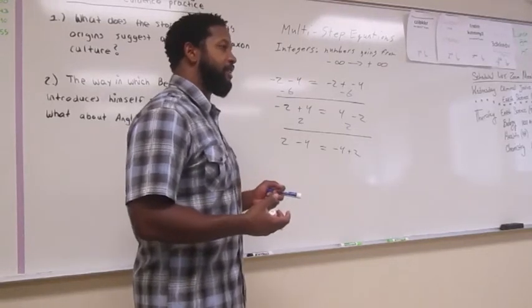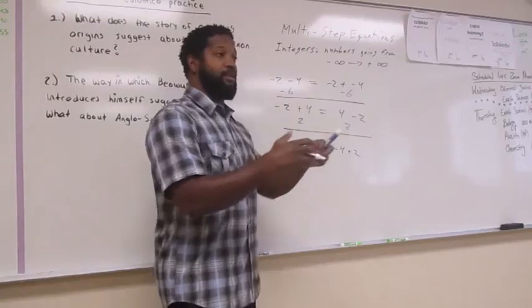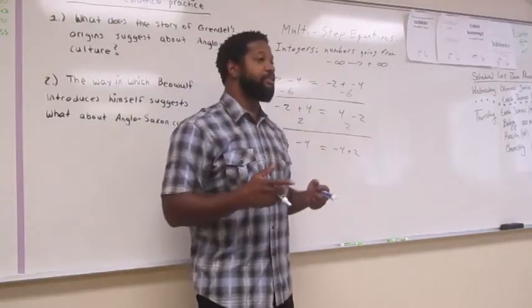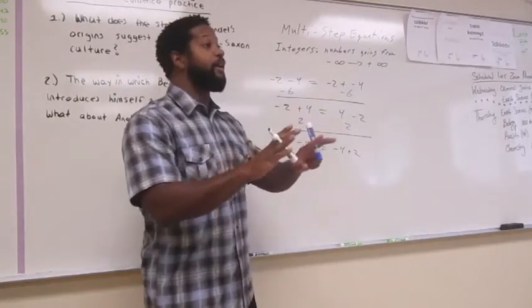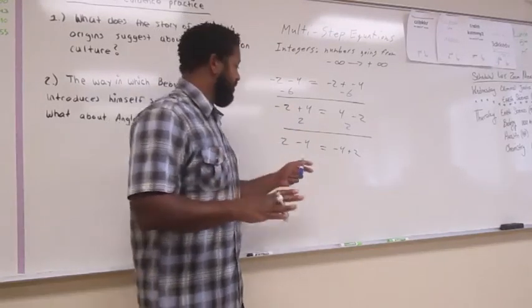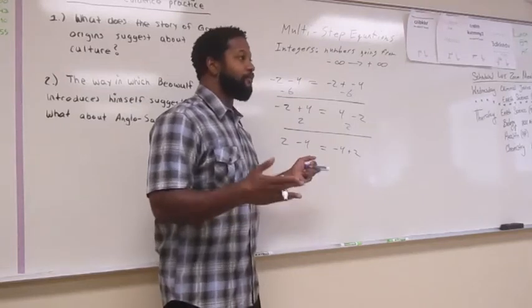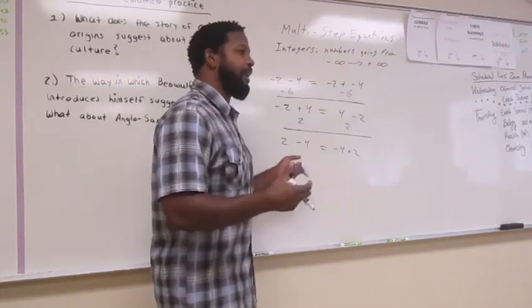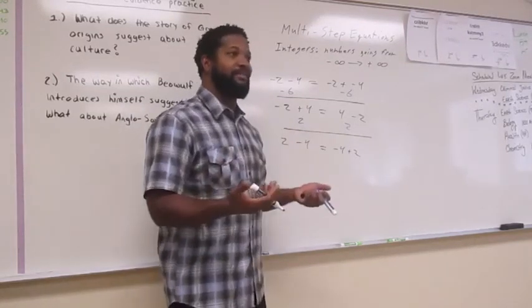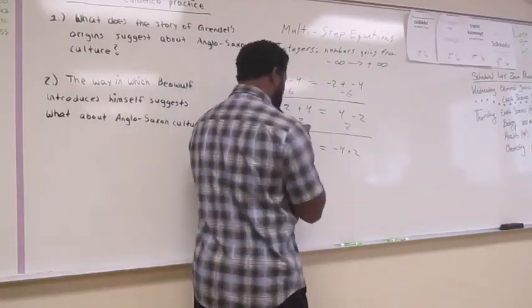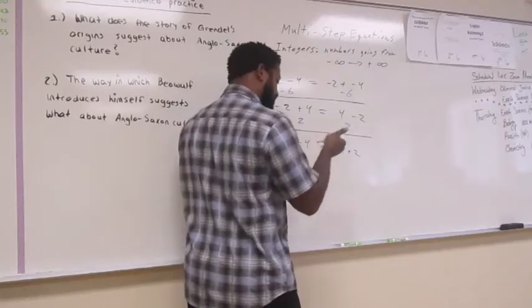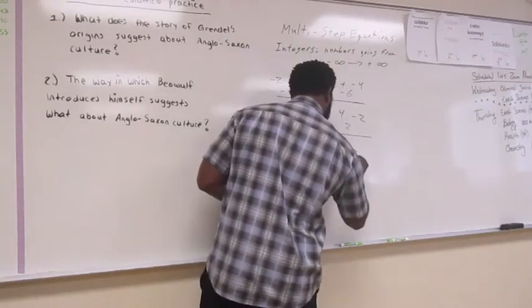On a number line, this 2 is larger than the 4, but for equation purposes, which is the larger number? The 4. So your answer will have the negative sign. So this will be -2.